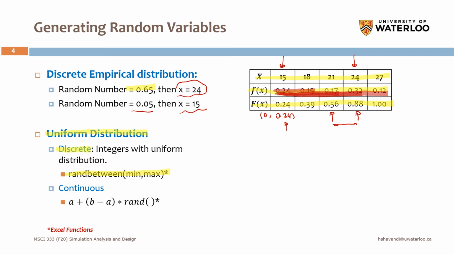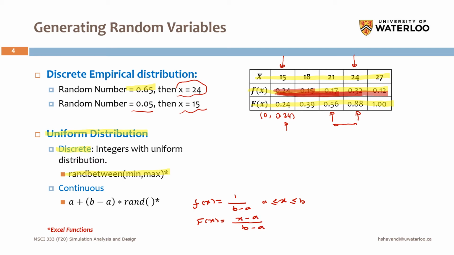But for the continuous case, as you know, the PDF f(x) is 1 over (b minus a), when x is between a and b. The CDF would be (x minus a) over (b minus a).